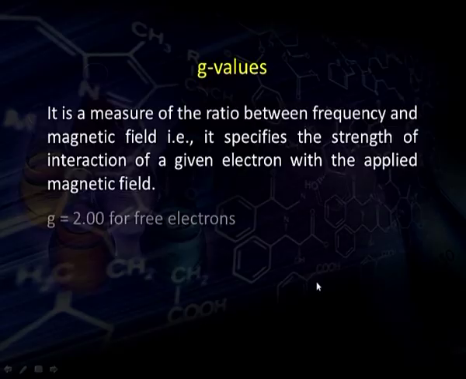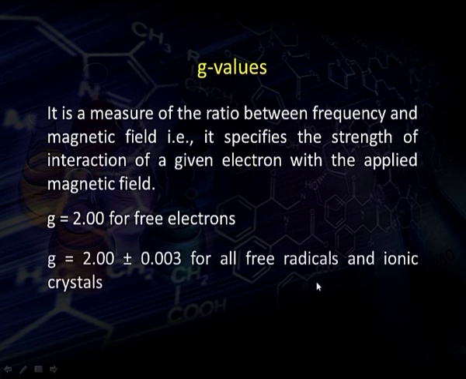This is measured by the G value. The value of G is normally 2.00 for free electrons, but it is 2.00 plus minus 0.003 for all free radicals and ionic crystals.